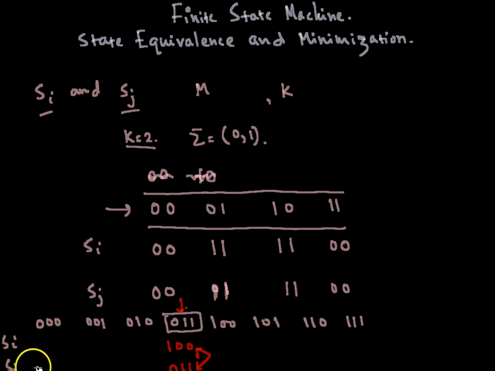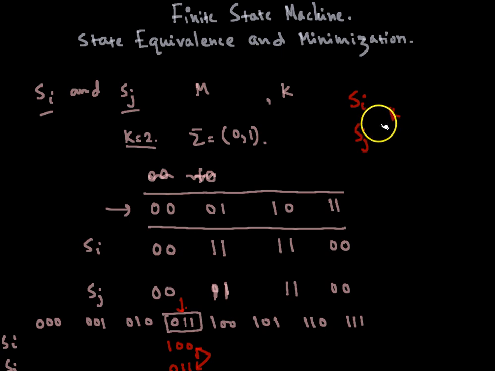They are producing different output sequences. So Si and Sj are k distinguishable. So two states, any two states Si and Sj are k distinguishable if for some input of length k when supplied to the machine M by considering Si or Sj as initial state produces different output sequence.